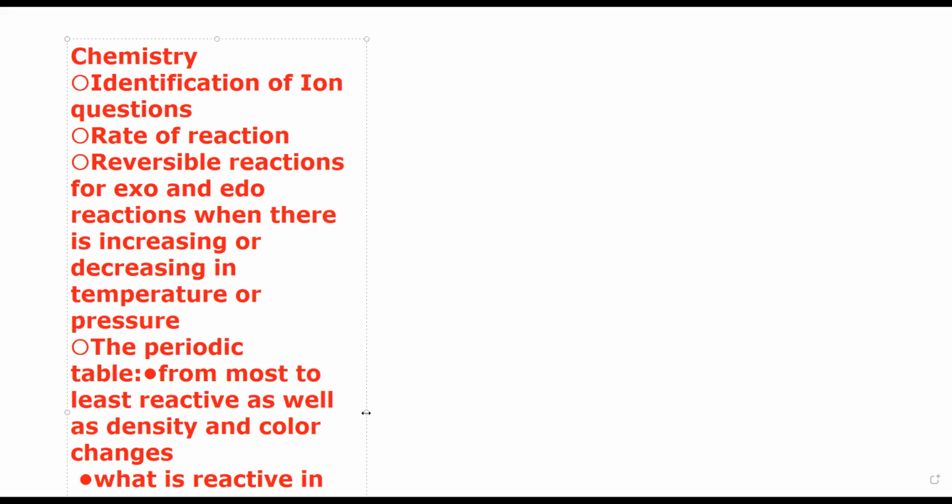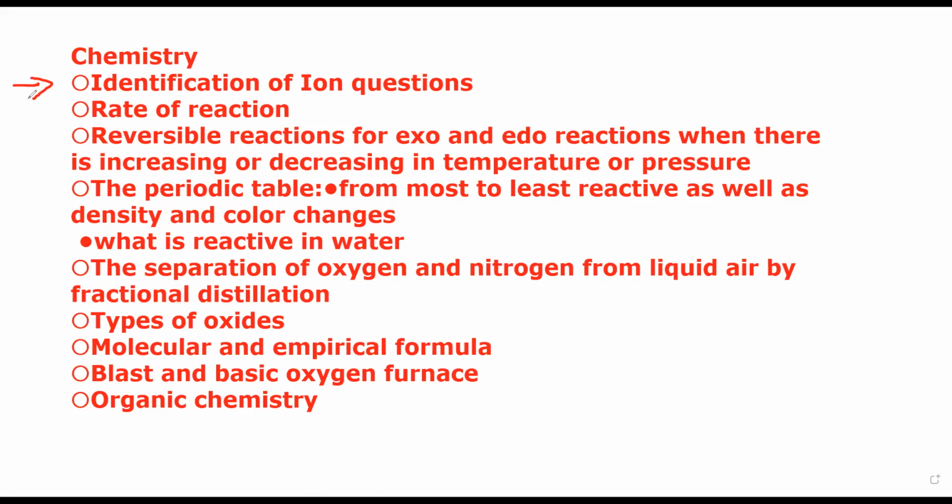The second topic is about the rate or the speed of the reaction. The identification of the ions question will be done on a regular basis. Rate of reaction, or speed of reaction, means how fast the reaction proceeds. It depends on many factors.